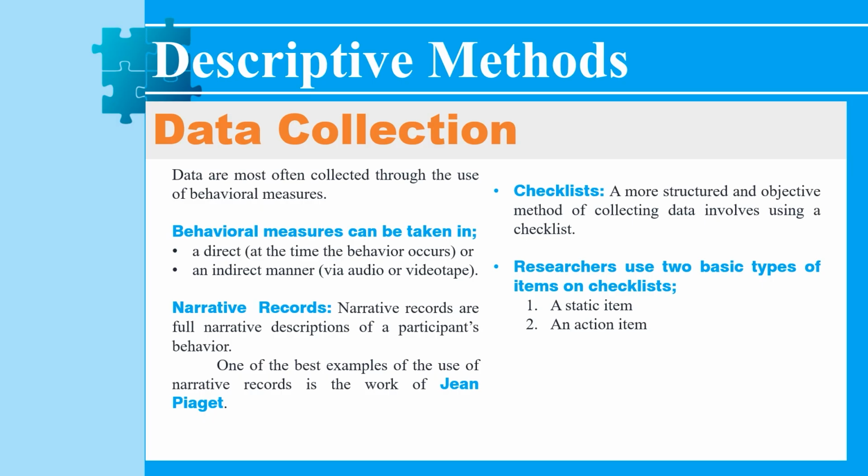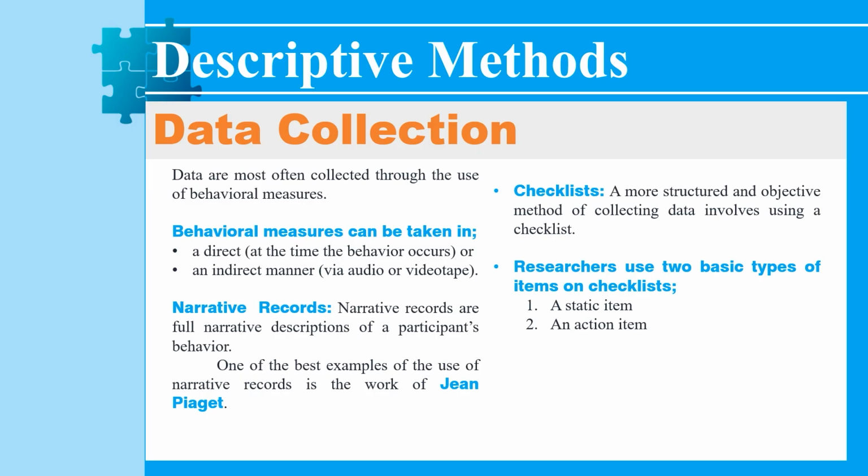Researchers use two basic types of items on checklists. First, what is known as a static item. A static item is a means of collecting data on characteristics that will not change while the observations are being made.